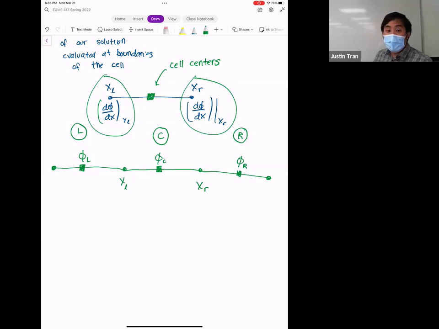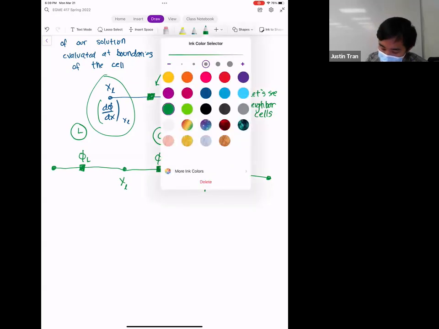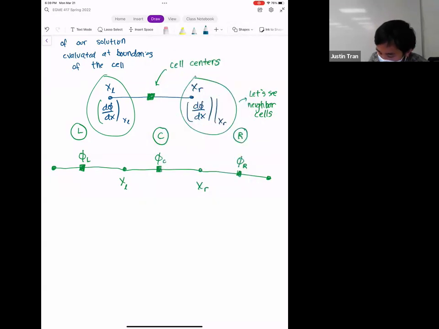We've brought some neighboring cells into the mix, because we're going to need their help in this case. Let me write these things down here too.